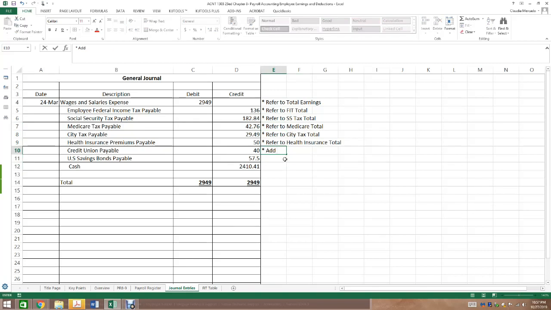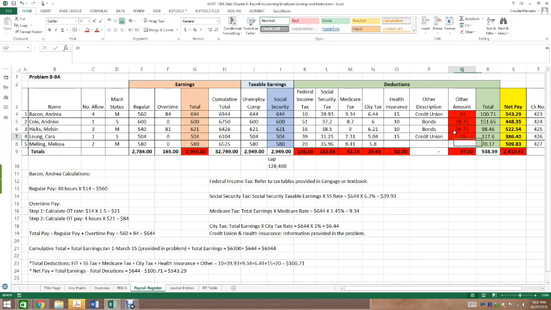Here you're going to add the two credit union amounts only. Okay. So for that one, you're going to add the credit union right here, the first one and the last one, for $20 each.